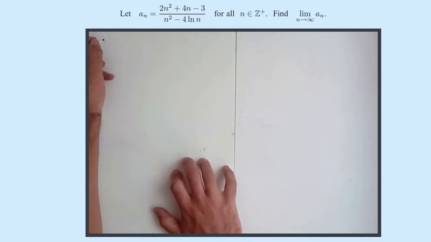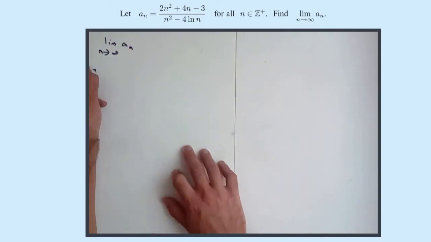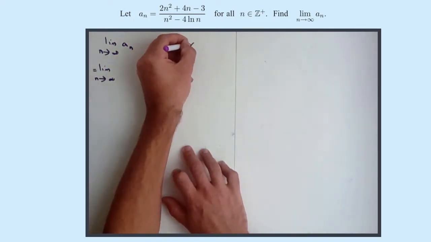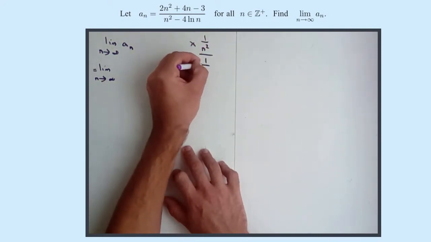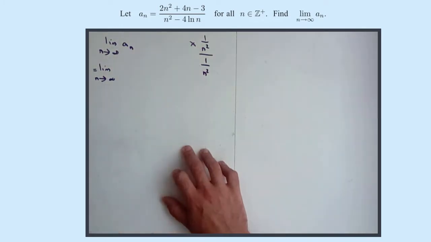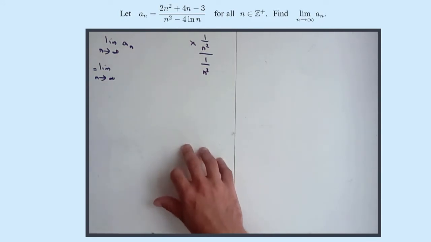So we're going to say the limit as n approaches infinity of a_n equals the limit as n approaches infinity, and we're going to divide every term, top and bottom, by n squared. So we're multiplying by (1 over n squared) over (1 over n squared). If we do it to top and bottom, we're just multiplying by 1, so we're not changing the actual value of that fraction, the value of the sequence.